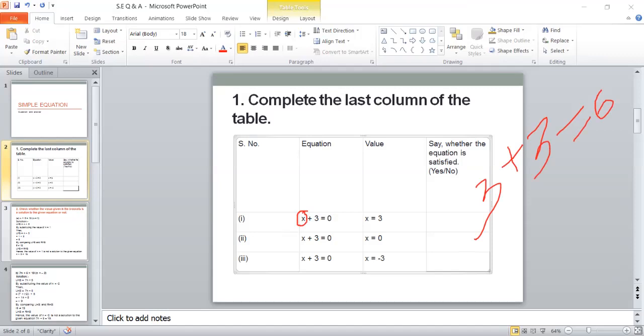But in the RHS it is given as 0. Then we can say that 6 is not equal to 0.